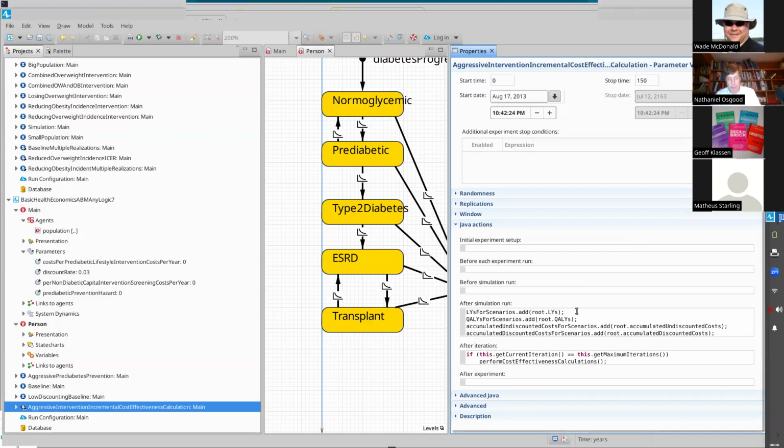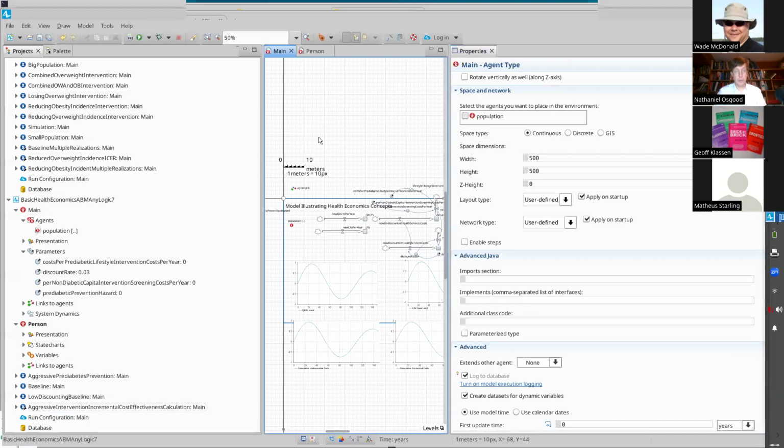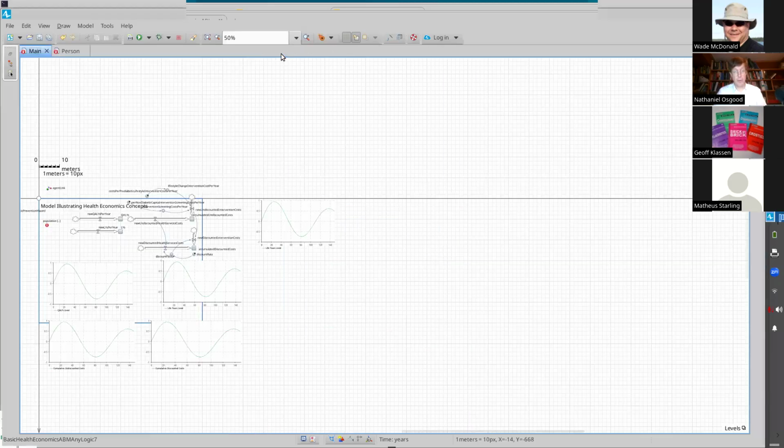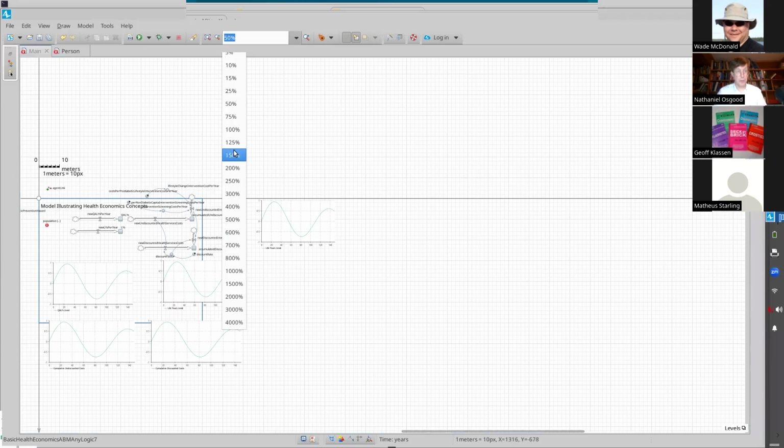So you'll notice that for each run, each realization, we store away the life years lived, the quality adjusted life years lived, the accumulated undiscounted costs, and the accumulated discounted costs. In case you're wondering, those are these quantities right up here that we perused earlier and that I explained in terms of the flows.